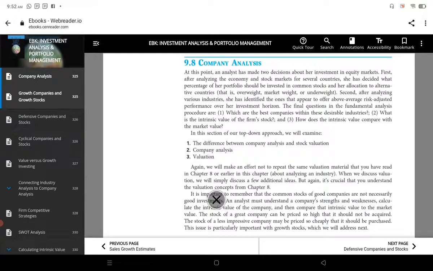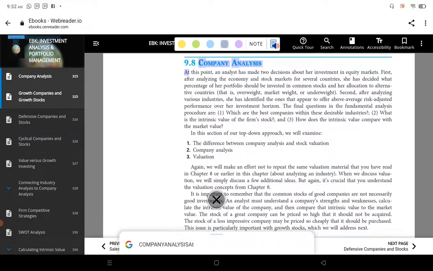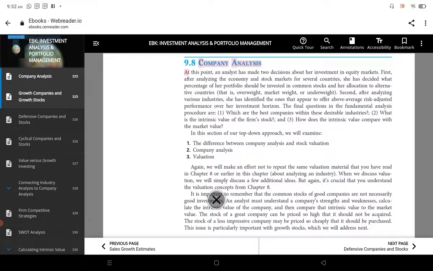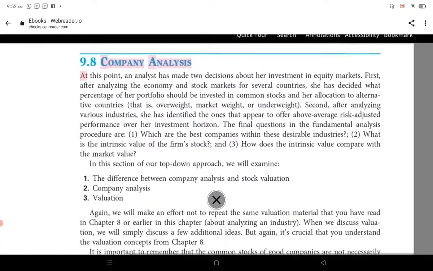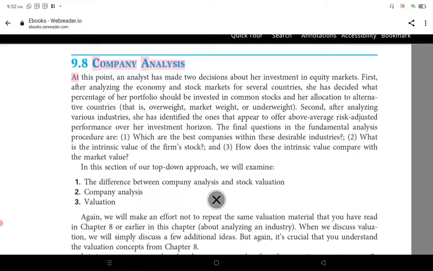Previously you have learned a little bit about technical analysis, and from topic 4 the economic and industry analysis. Right now we are in topic 5, company analysis and evaluation.